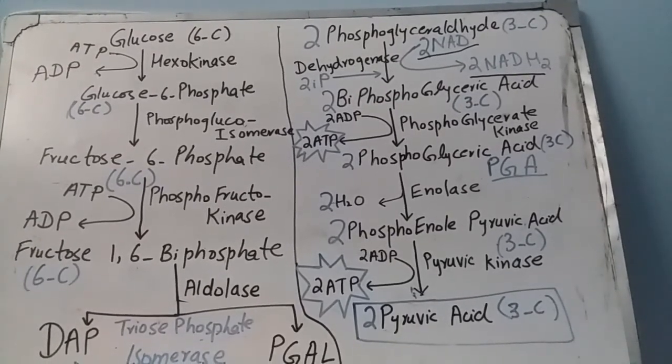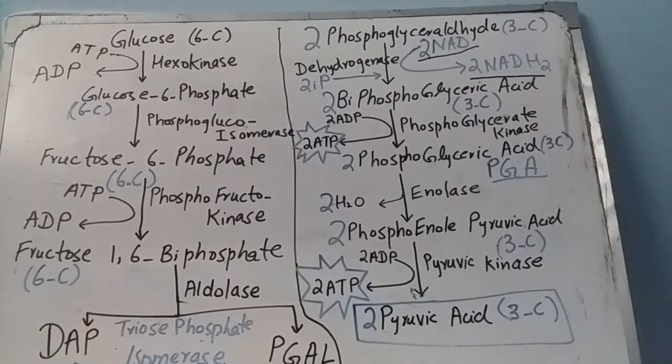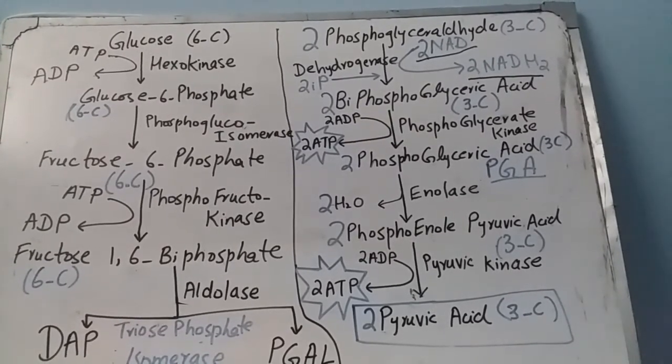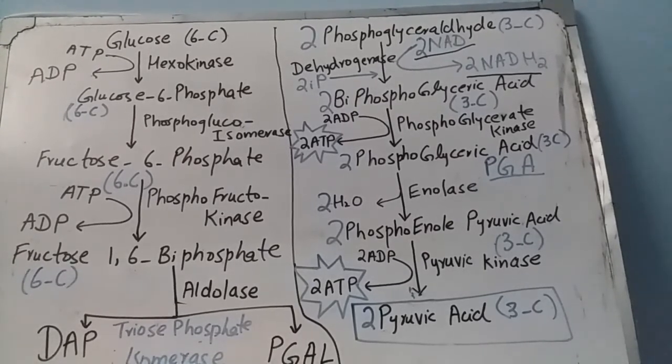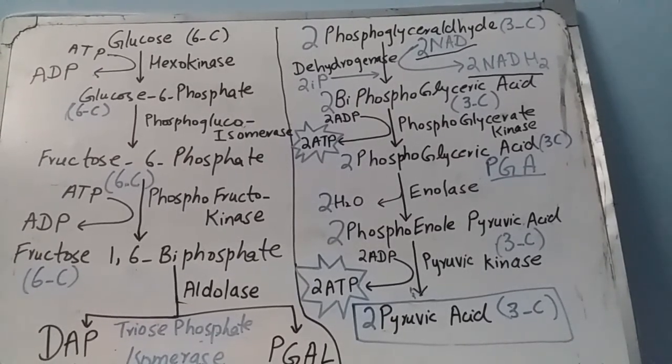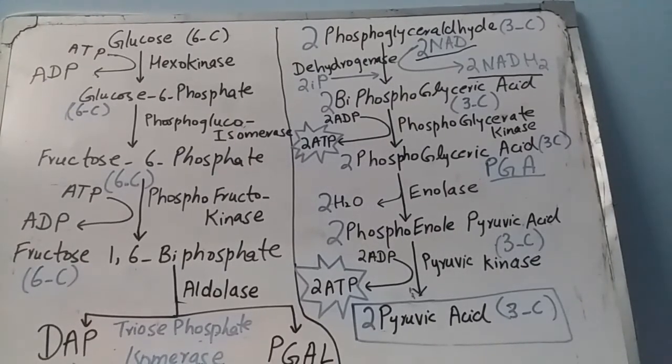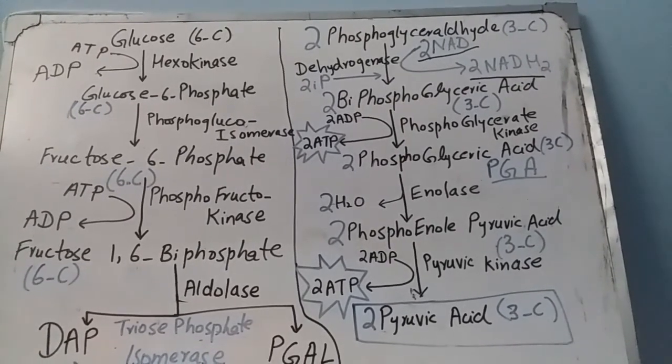The phosphate group is gained by ADP, adenosine diphosphate, and ADP is now converted into ATP, which is an energy rich molecule, adenosine triphosphate.